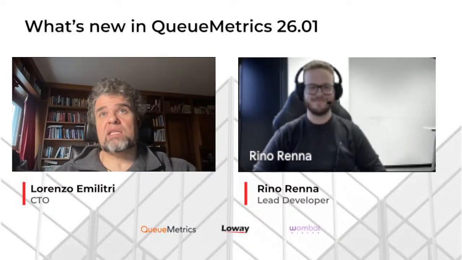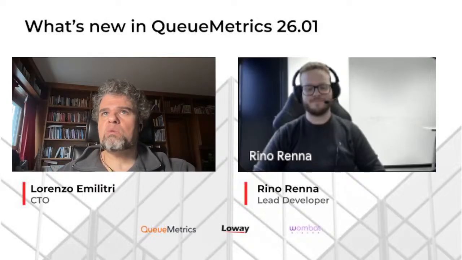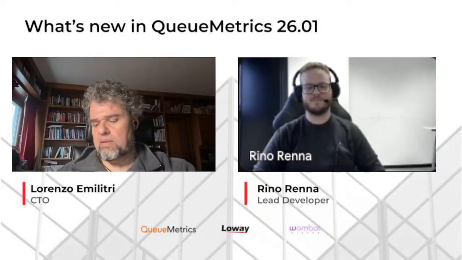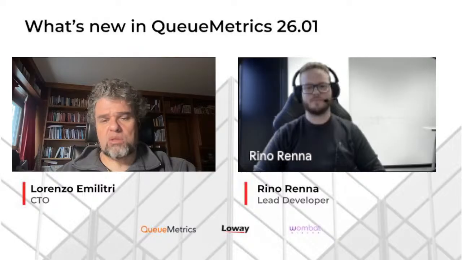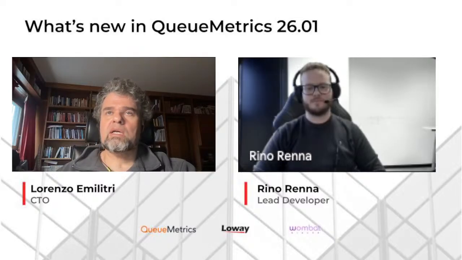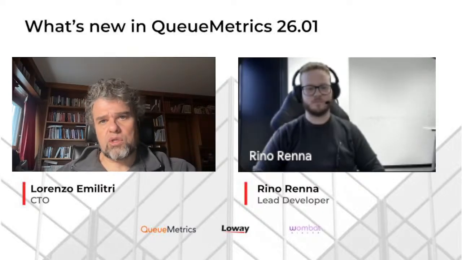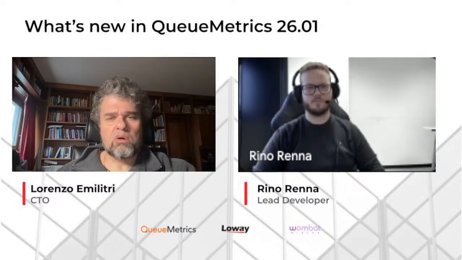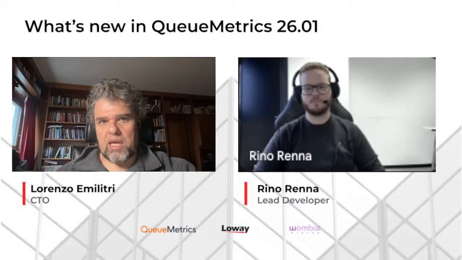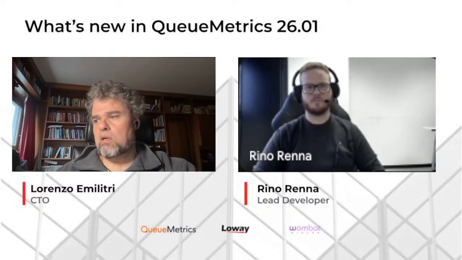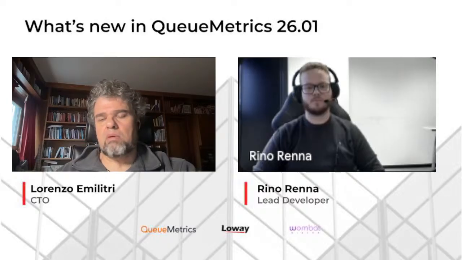There is another thing that is important. The reason why, again, the new agent page was worked on significantly is because at this point the new agent page has all the features and way more than the icon page, and the icon page was supposed to be removed from QueueMetrics from this version onwards.